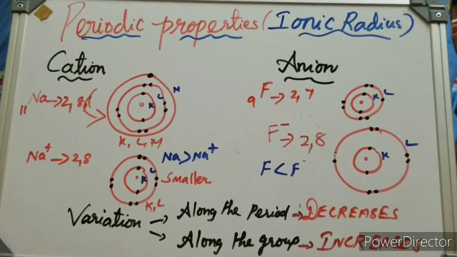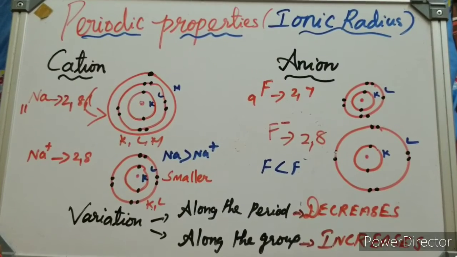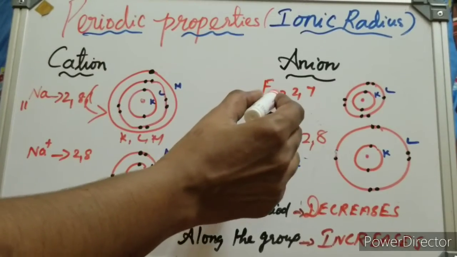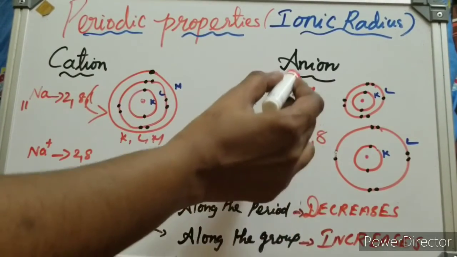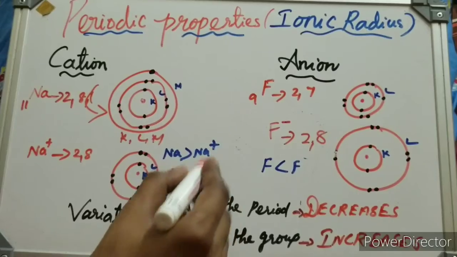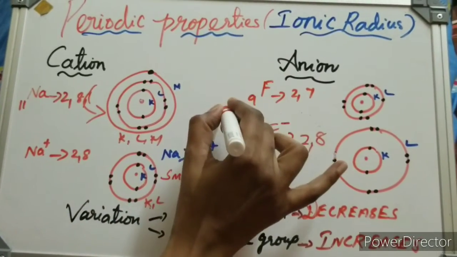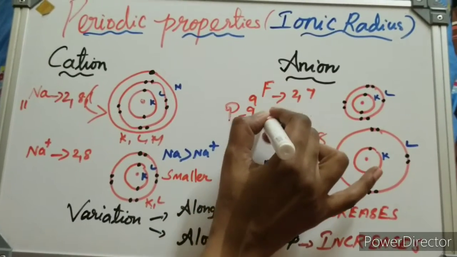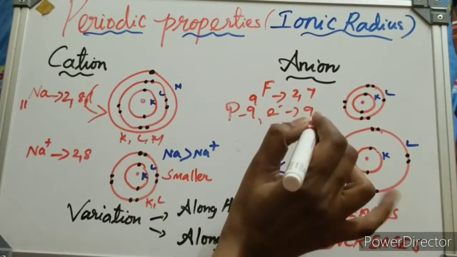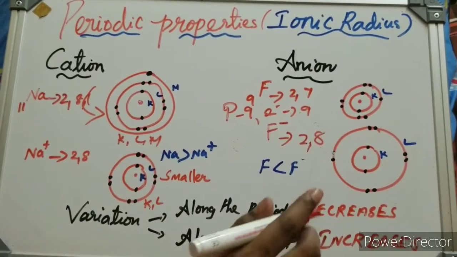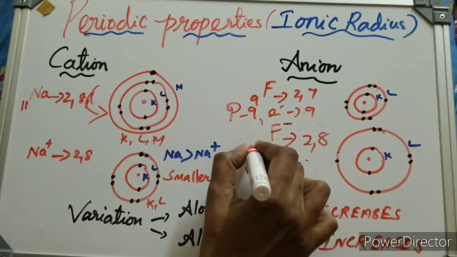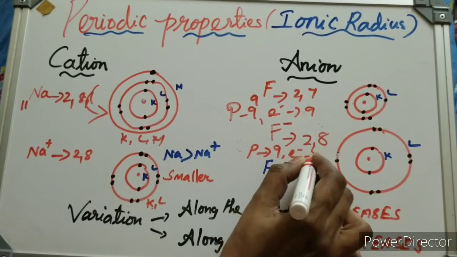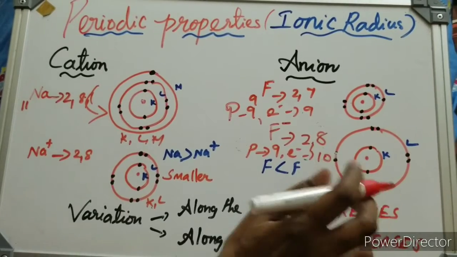Why does fluorine gain the electron? To attain stability. So now fluorine changes into F minus, the anion. See, the neutral fluorine atom contains 9 protons and 9 electrons. But in the anion, due to gaining an electron, F minus still has 9 protons, but the electron number is now 10.